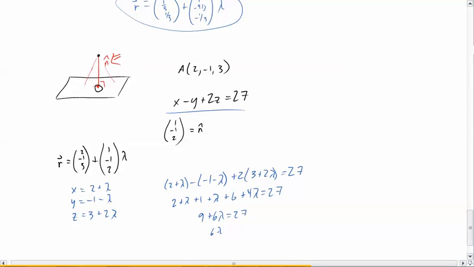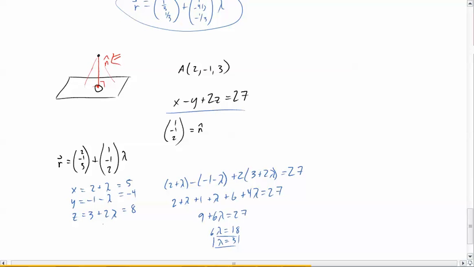So we got 6 lambda equals 18. Divide by 6. We got lambda equals 3. There we go. We put it back in, and we get 2 plus 3 is 5. We get negative 1 minus 3, which is negative 4. And we get 3 plus 2 times 3, which would be 8. And so now I have the point where it crosses.